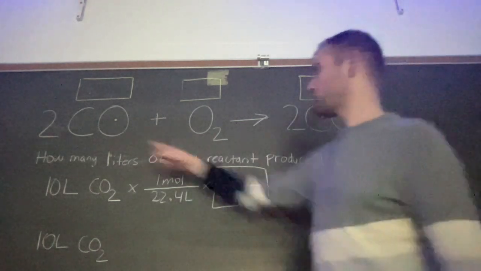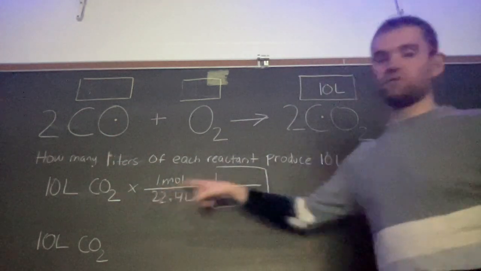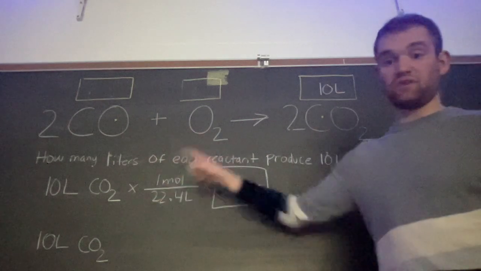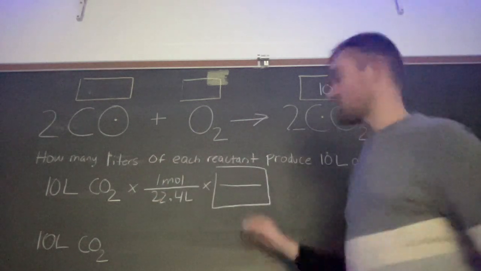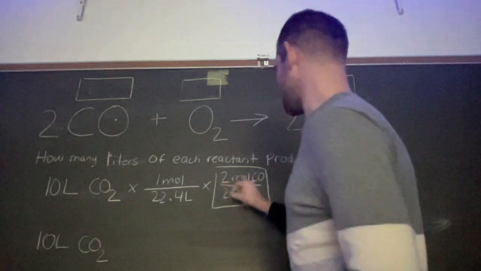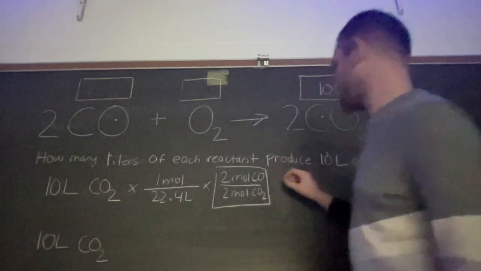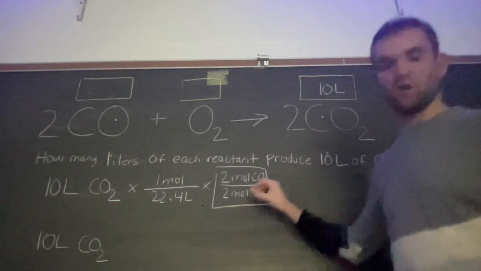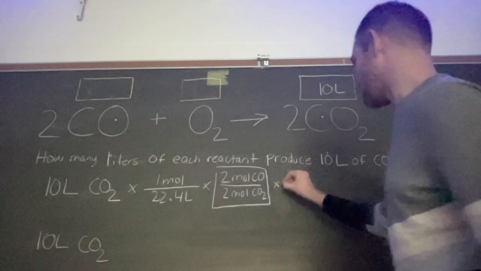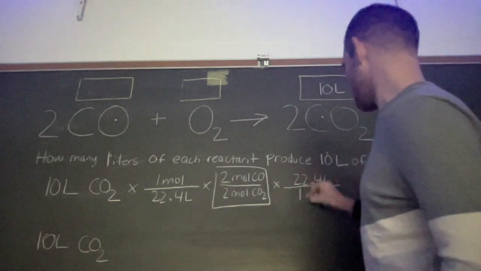I don't know, let's say we want to get the CO reactant. All right, I start with my CO. Let's go from CO2 to CO. On top, I'm going to put 2 moles of CO over 2 moles of CO2. And then finally, once I'm at moles of CO, I go back to liters. So times 22.4 liters over 1 mole.